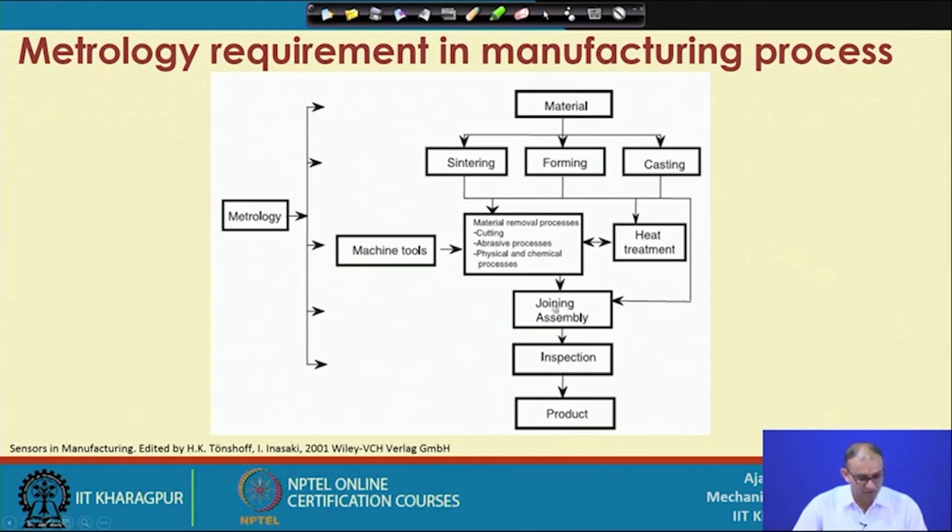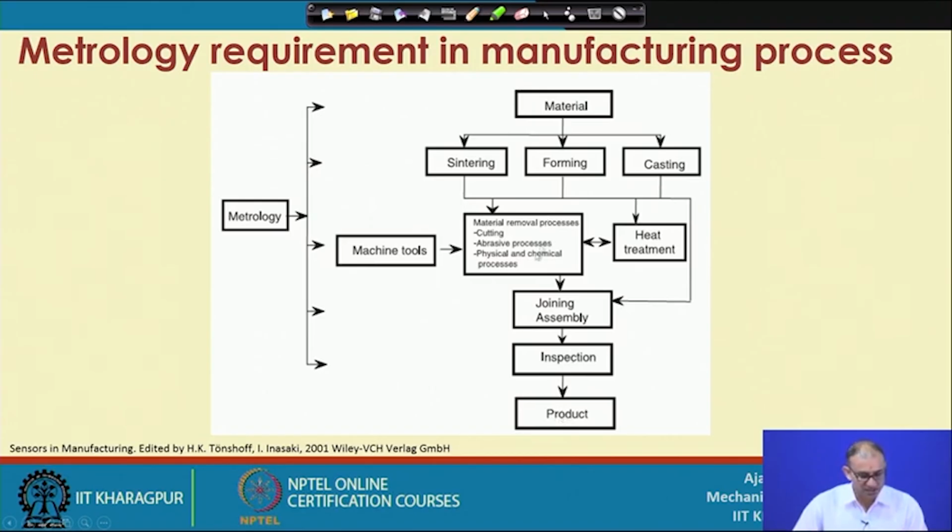Because you have to make sure that all the parts are aligned according to their required dimensions and required locations, and once this is over, you have to inspect the complete assembly, so that there should not be any loose component or any unwanted movement between the two different joint components. So, here also you need inspection, and finally the product.